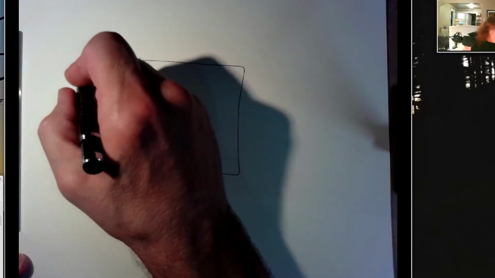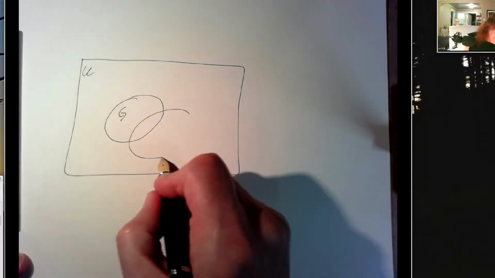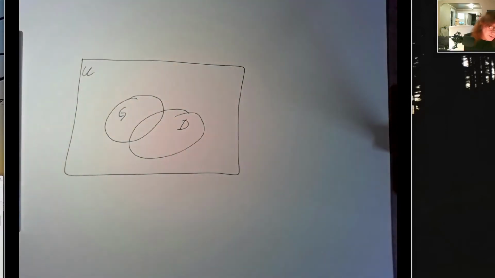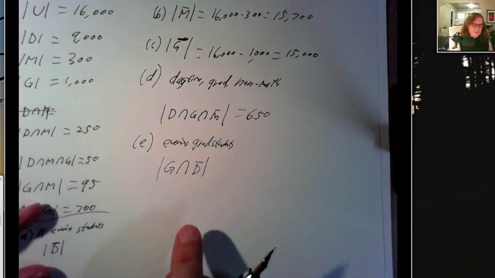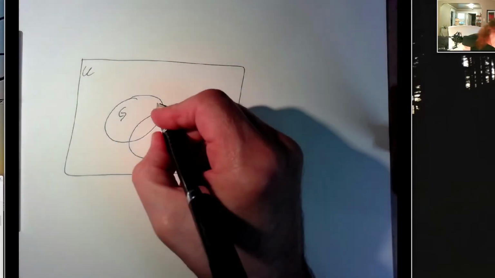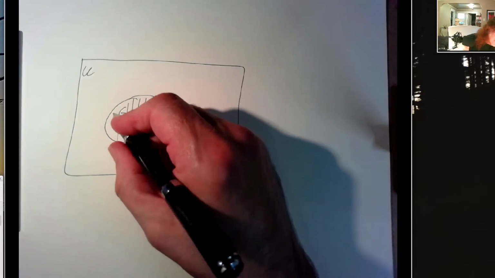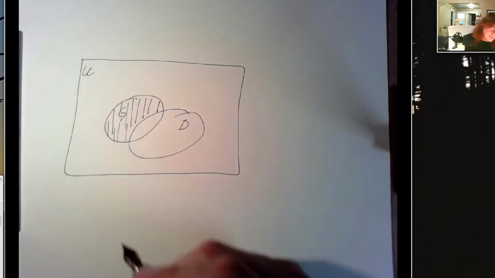So here's our universe. Here's the set of graduate students. Here's the set of daytime students. And we're asked to find the number of evening graduate students. So we want students who are in G and not in D. So we're looking for the number of students in this funny shaped piece right here.